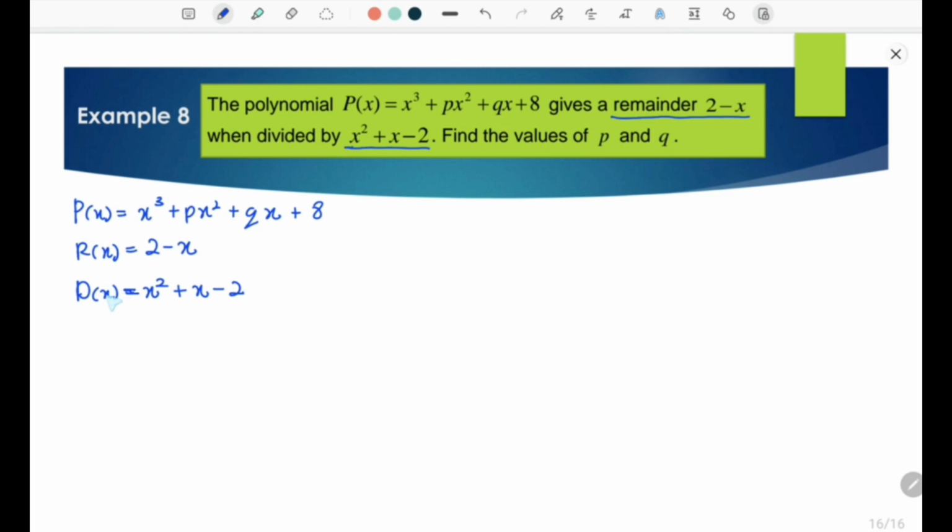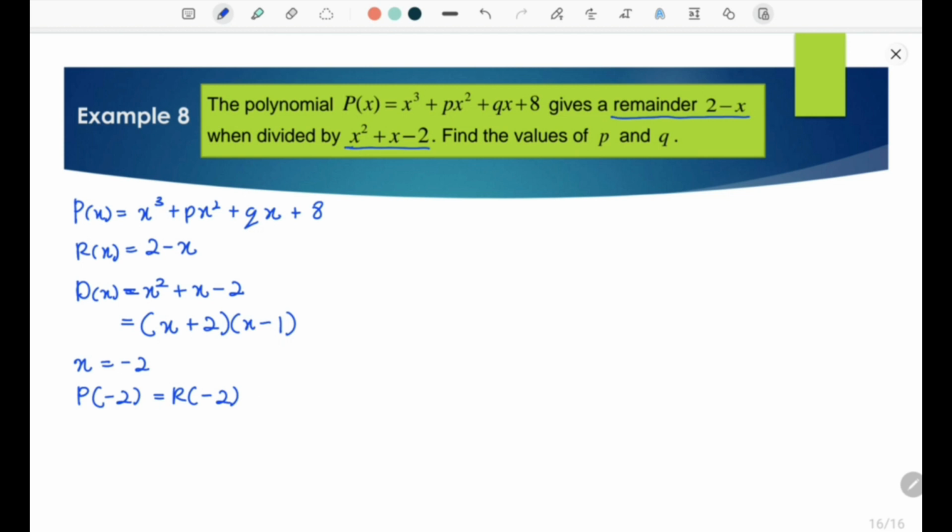Next, I'm going to factorize the divisor here since this is a quadratic expression. So we have x plus 2 times x minus 1. Next, x plus 2 gives x equal to negative 2, and I'm going to apply the remainder theorem. That means we're going to have p(-2) equal to r(-2).